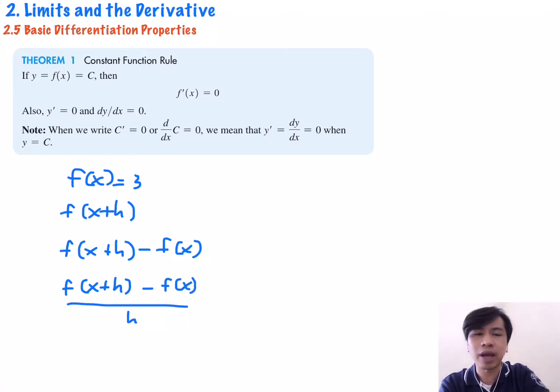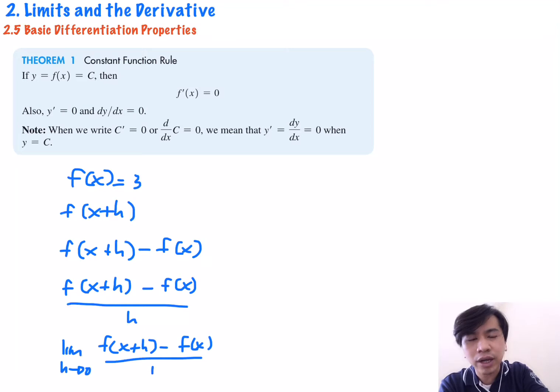This is the third step, and then we take the limit as h approaches 0 of f of x plus h minus f of x over h.